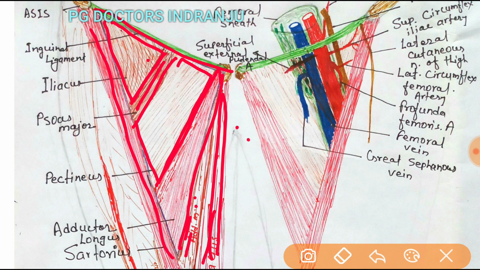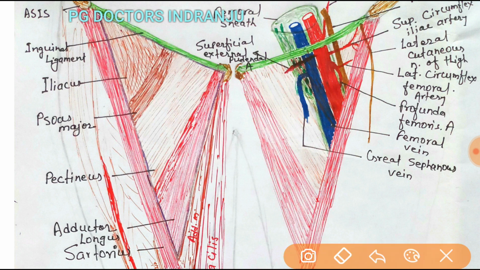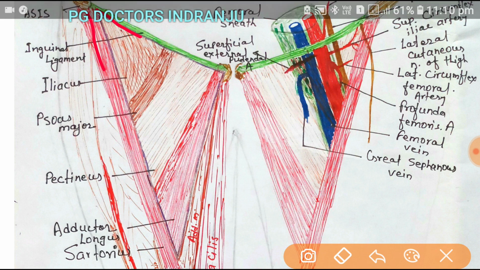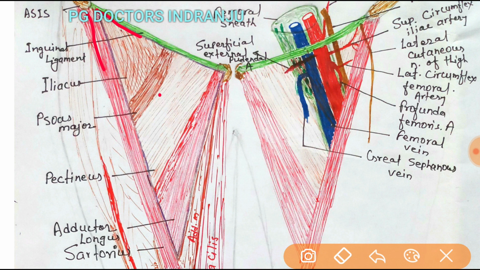The sartorius muscle is attached to the anterior superior iliac spine, and there is also the inguinal ligament attachment. Here the triangle is made where the anterior superior iliac spine, the inguinal ligament and the sartorius muscle start.